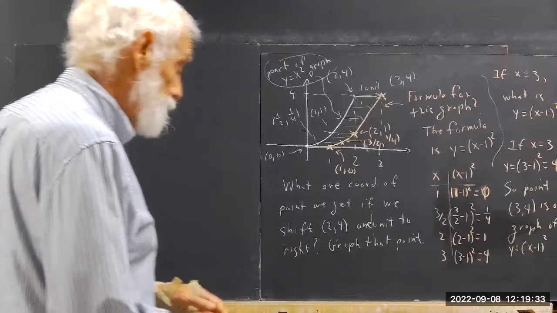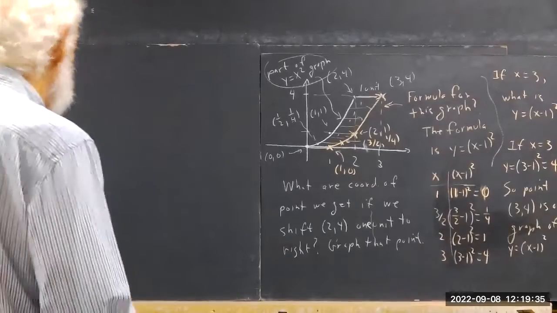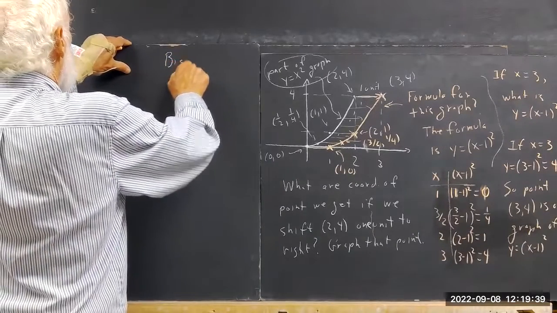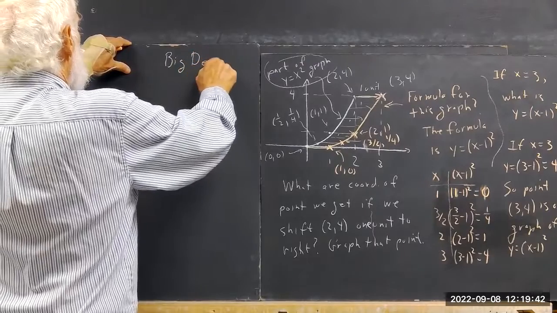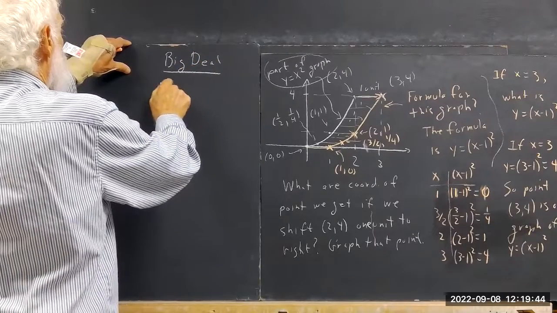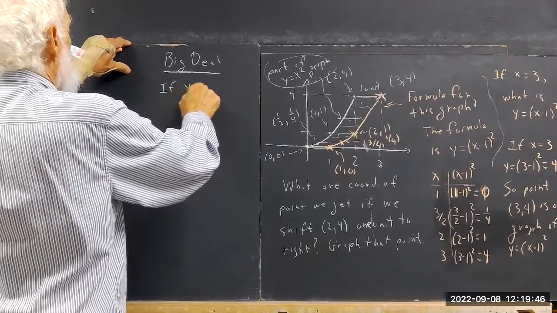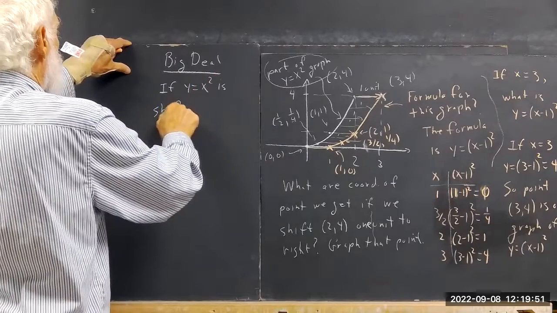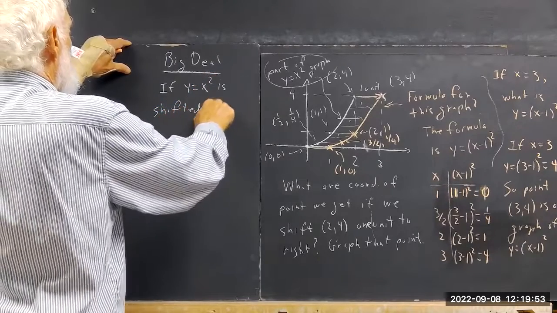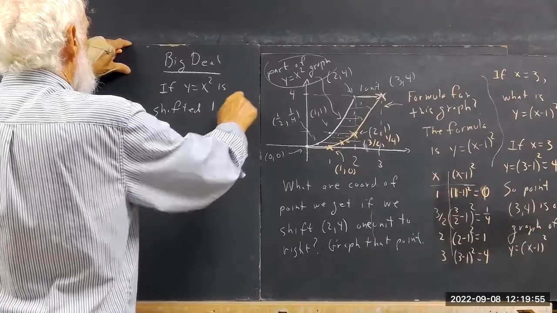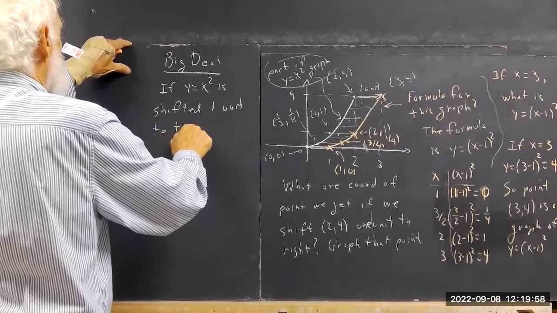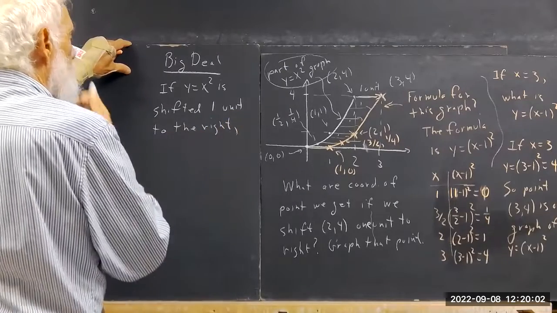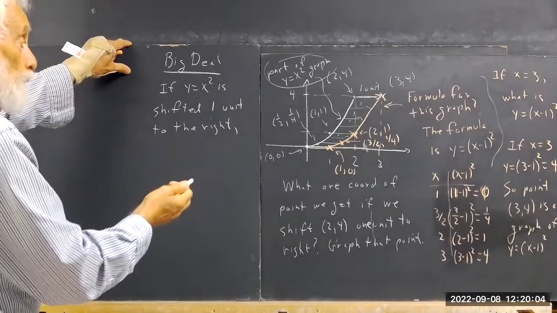So what we can say is y equals x squared is shifted 1 unit to the right.